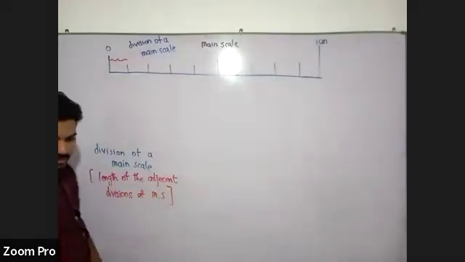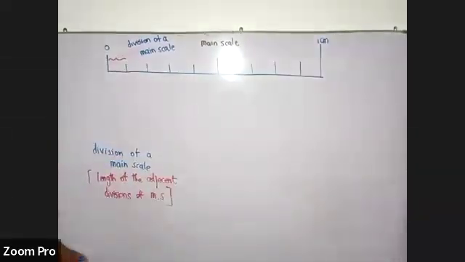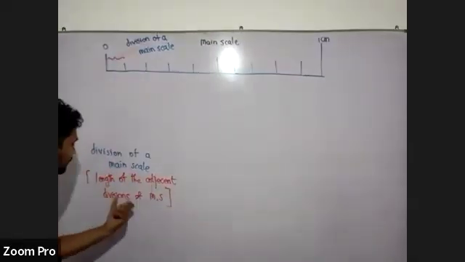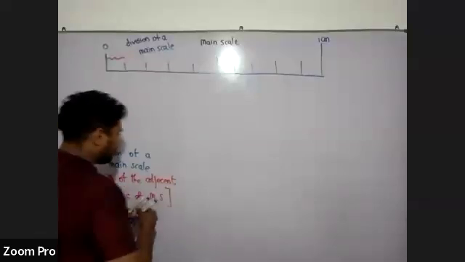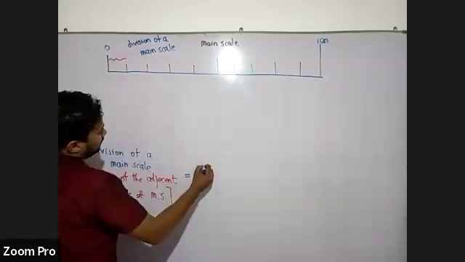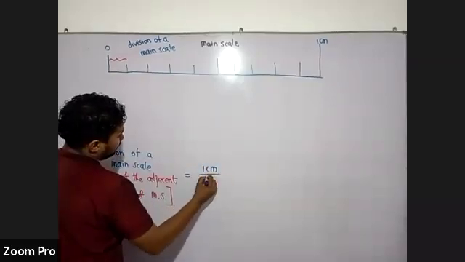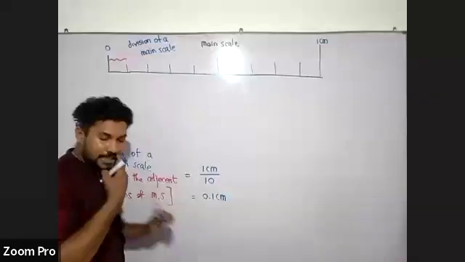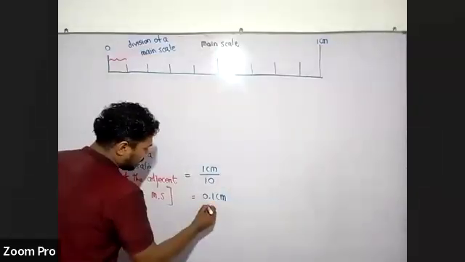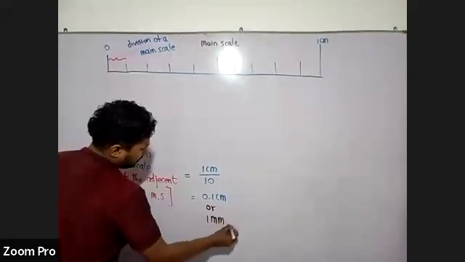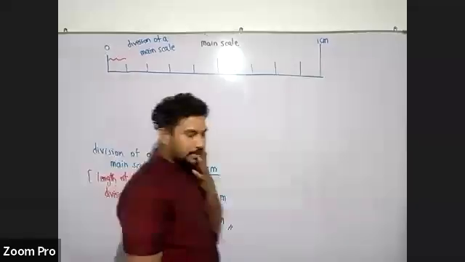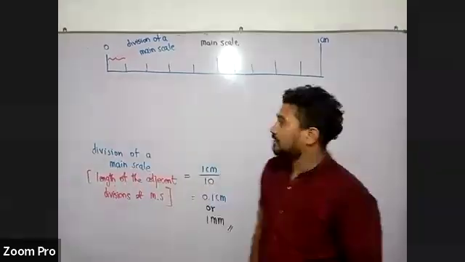I'm using MS to represent the main scale, right? According to this, considering 1 centimeter divided into 10, the division of a main scale can be expressed as 0.1 centimeter, or 1 millimeter, right? So this is the value of a division of the main scale, the normal thing which appears in a meter rule.